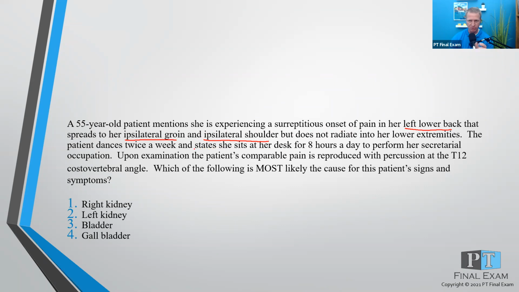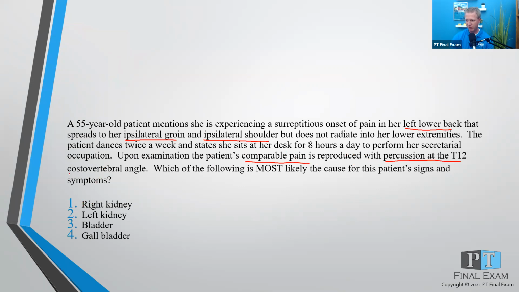So you can see we've started to describe some visceral pain. You see that it's not necessarily onset by motion or activity. Rather, it's this insidious, slow onset of pain. The patient dances twice a week, states she sits at her desk for 8 hours a day to perform secretarial occupation. Upon examination, the patient's comparable pain is reproduced with percussion at the T12 costovertebral angle.